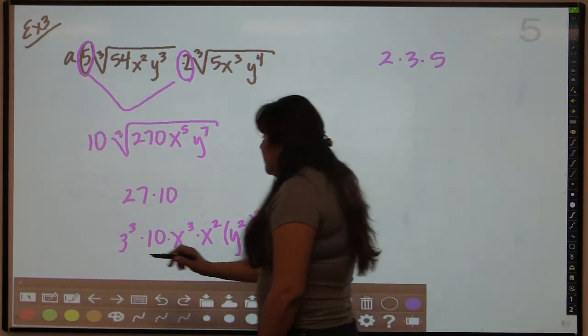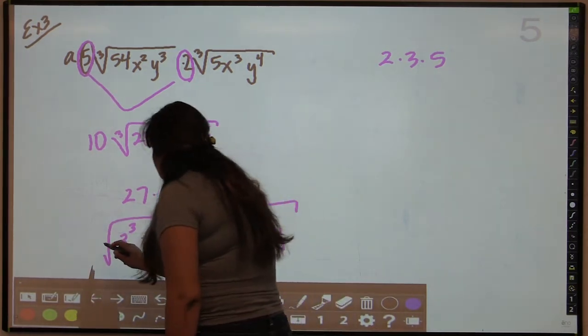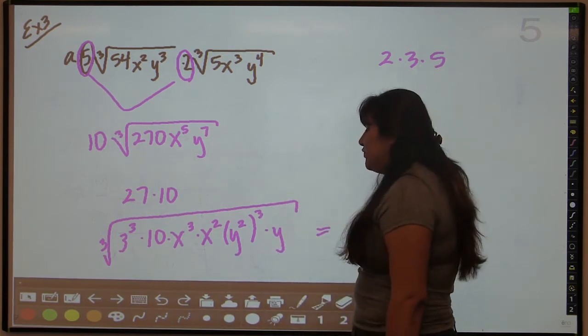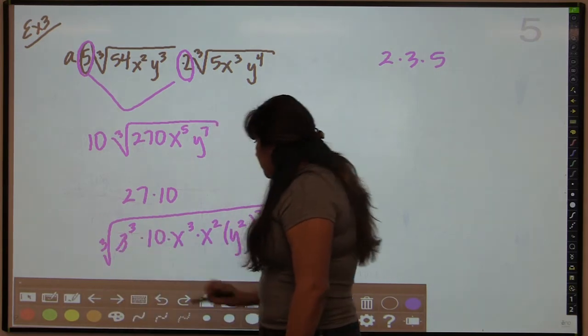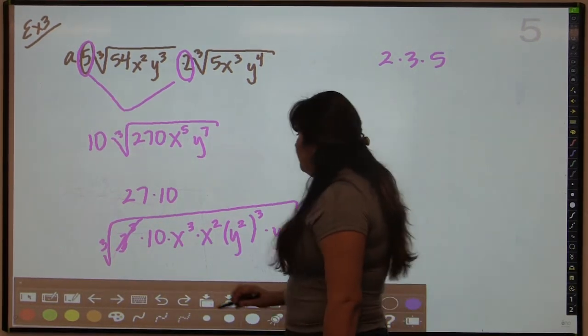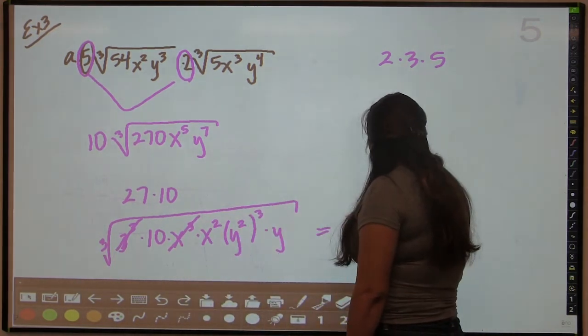So there we go. And again, I have put everything that I can in cubes, and anything that has an exponent of 3 will cancel with the index of 3. So this 3 cubed will cancel and it will become just 3. The 10 won't. This x cubed will cancel and become just x.